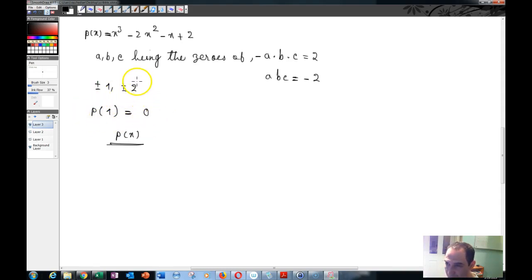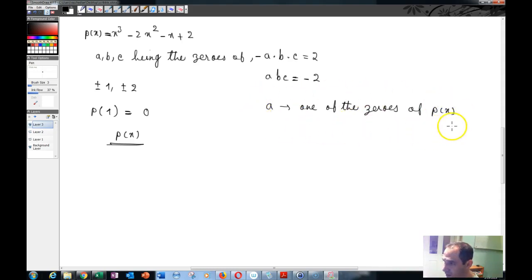Let's say that you have a polynomial, and one of your zeros is, for example, A, one of the zeros of, for example, P of X.